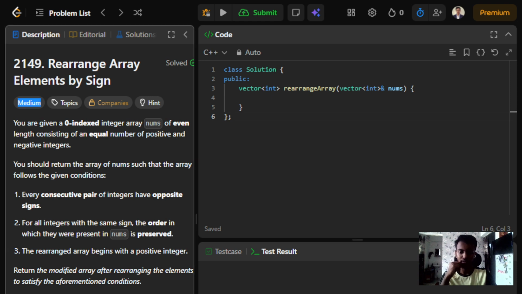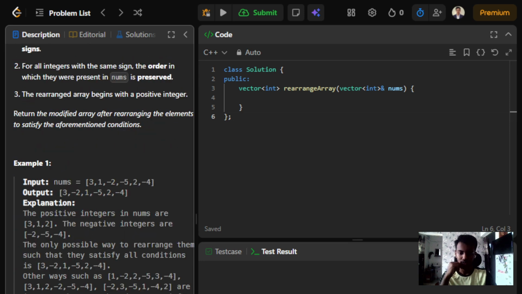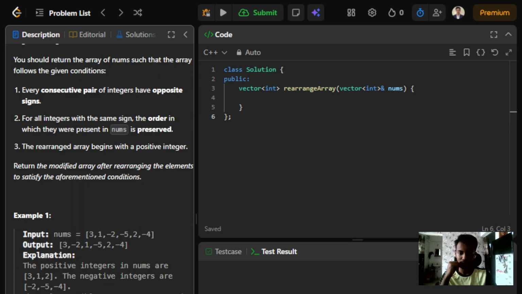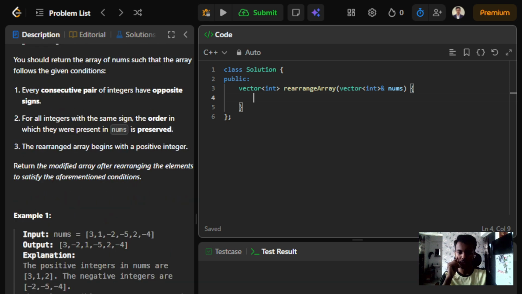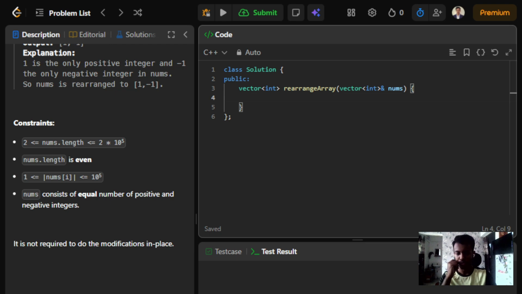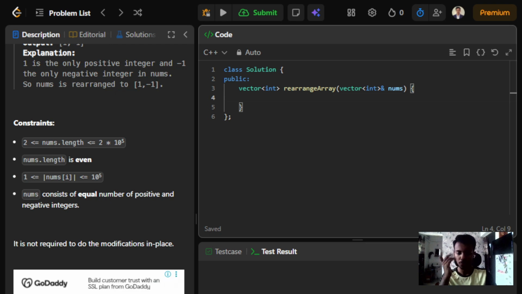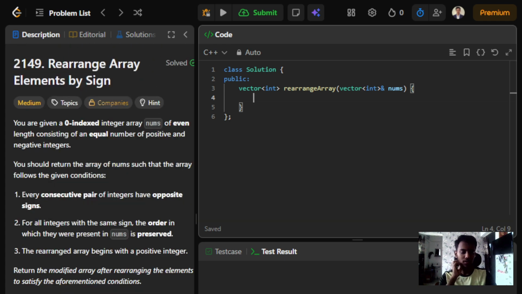This looks like a medium question when seen, right? But it is not that difficult, especially considering that we have not been given any constraints of space or time. Just have to solve it for beginners.